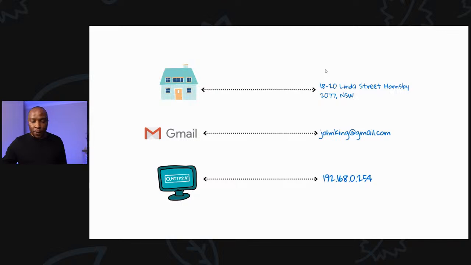Right, so we said the first one is, I gave you the example, my home address. The second address that we all use is an email address. And an email address basically helps us receive emails across the world and for people to be able to identify and be able to locate us.